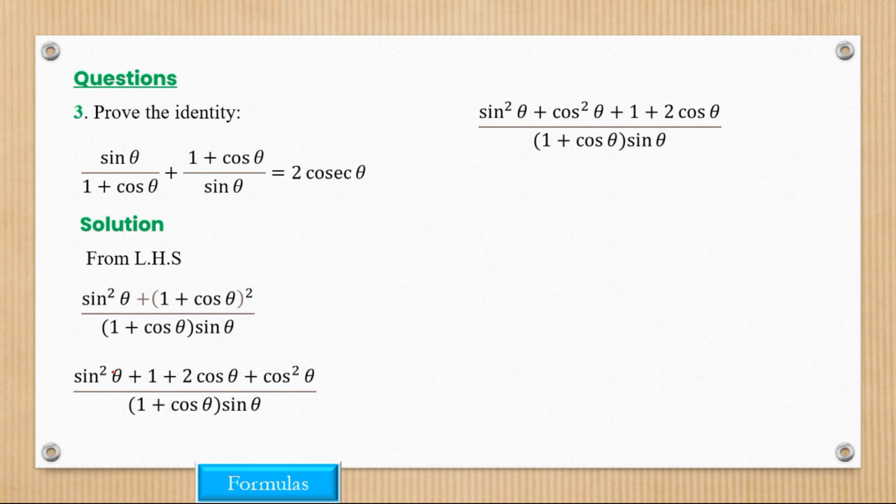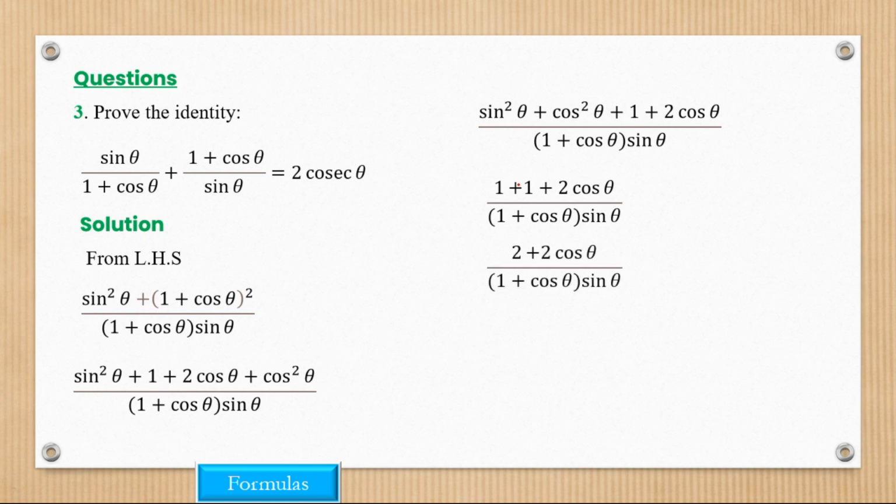It's because we have a Pythagorean identity that makes sense when you look at the sine squared theta plus cos squared theta. Remember that when you bring the sine squared theta plus cos squared theta together, the two values are equal to 1. And that's why we have this becoming 1. So we'll have 1 plus 1 plus 2 cos theta over 1 plus cos theta times sine theta.